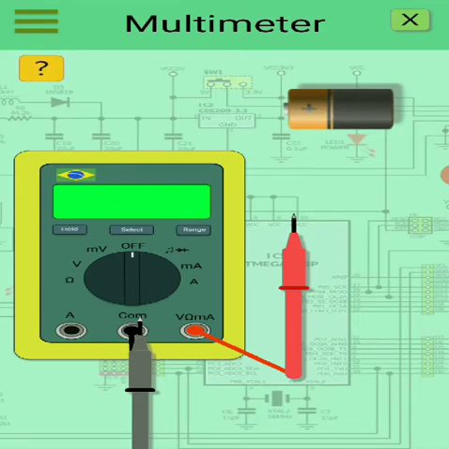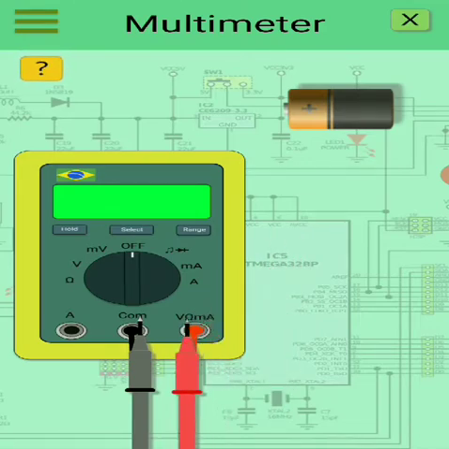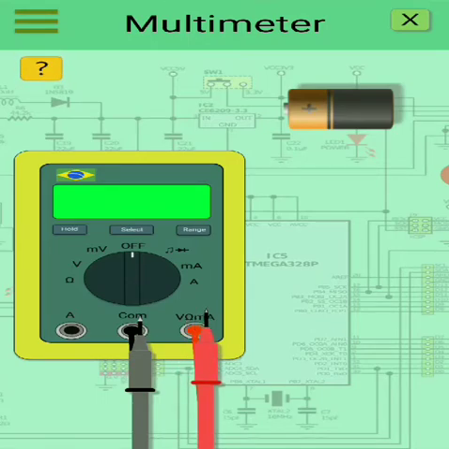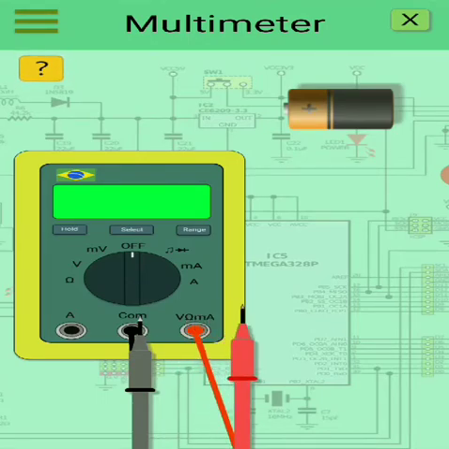The jack marked V ohm and the COM jack on the right of the picture are used for measuring voltages, resistance and for testing a diode.